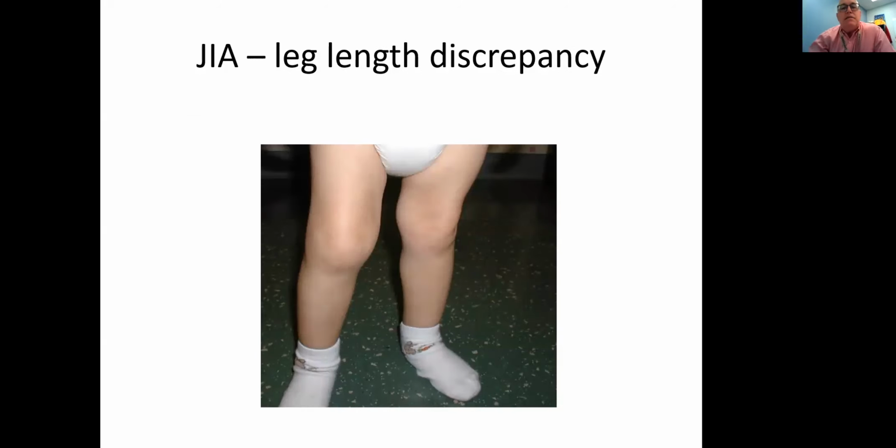So leg length discrepancy. This is the classic oligoarticular JIA presentation. This is on one of the rheumatology picture collections, but it was a boy, so I didn't show him because he's supposed to be a girl. This is the early onset oligoarticular. That's about a 5-to-1 female to male ratio.